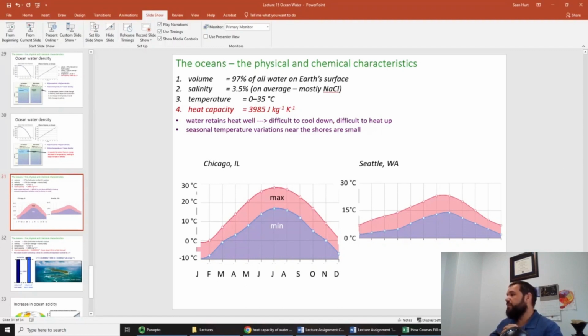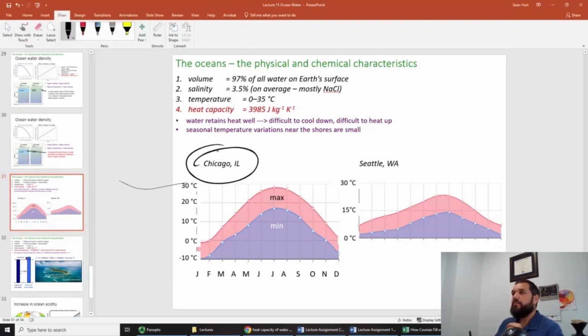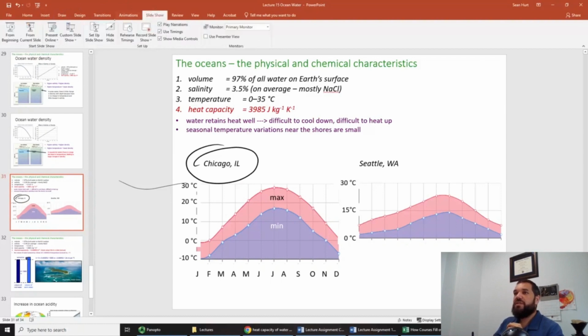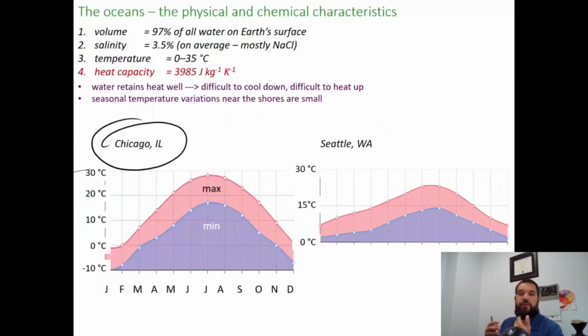And that explains why, for example, I'm showing up here Chicago, Illinois versus Seattle, Washington. Now, Chicago, Illinois is inland. Of course, it's actually on the coast of Lake Michigan, but we're not counting Lake Michigan. It's inside the country.